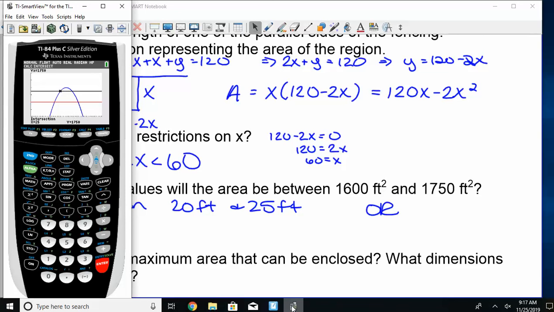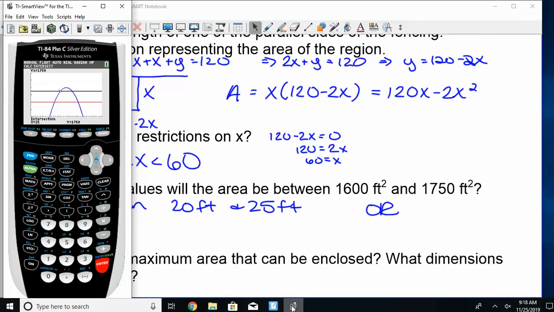Okay. First curve, second curve. First curve is the parabola, and the second curve, I don't want this line, I want that one. Anybody else have any problems?